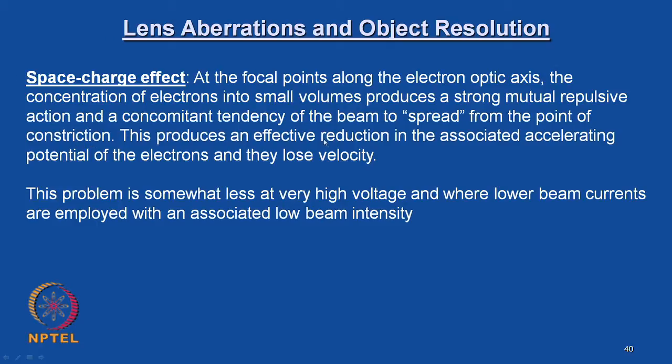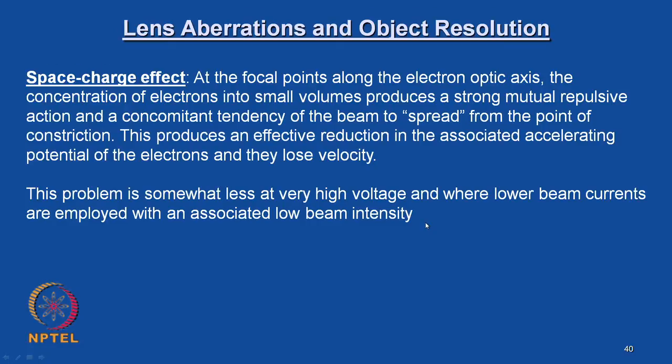This produces an effective reduction in the associated accelerating potential of the electrons, and they lose velocity. And this problem is somewhat less at very high voltage, and where lower beam currents are employed with an associated low beam intensity.